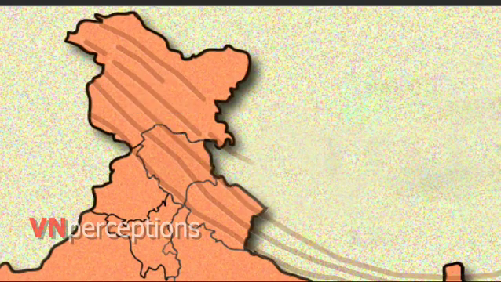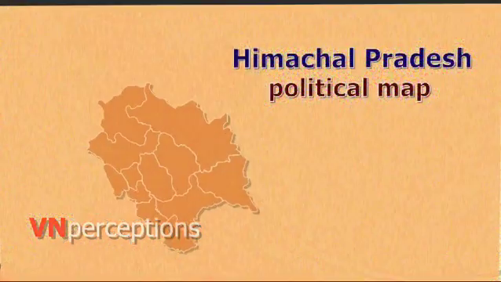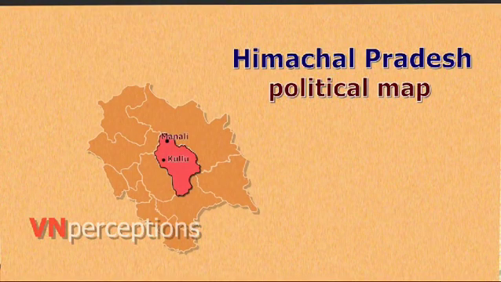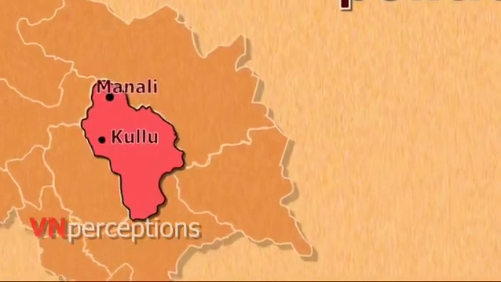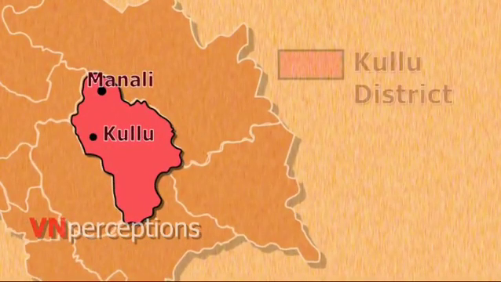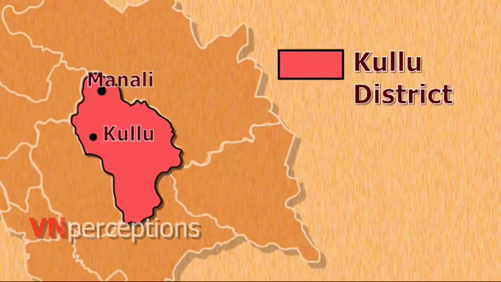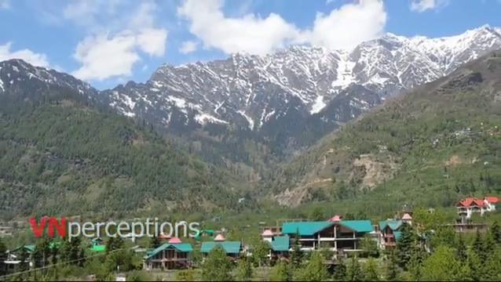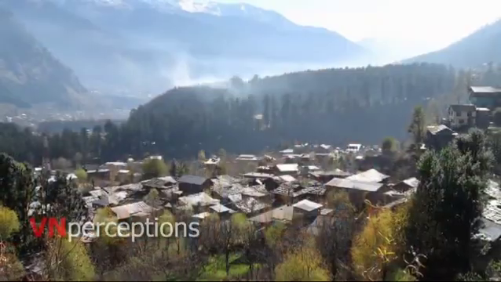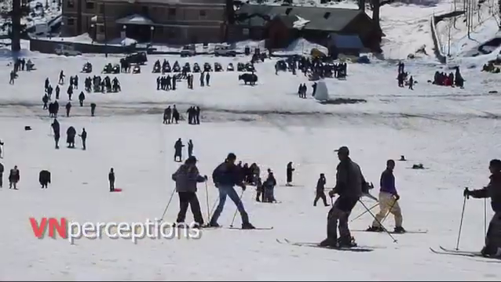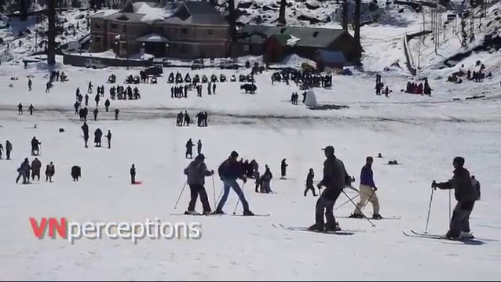Kulu Manali is one more important tourist place in this region. Due to its close proximity, these two names, that is Kulu and Manali, are often considered as a single destination. The valley is known for its amazing hills, and various temples and sightseeing locations attract a huge number of visitors each year.